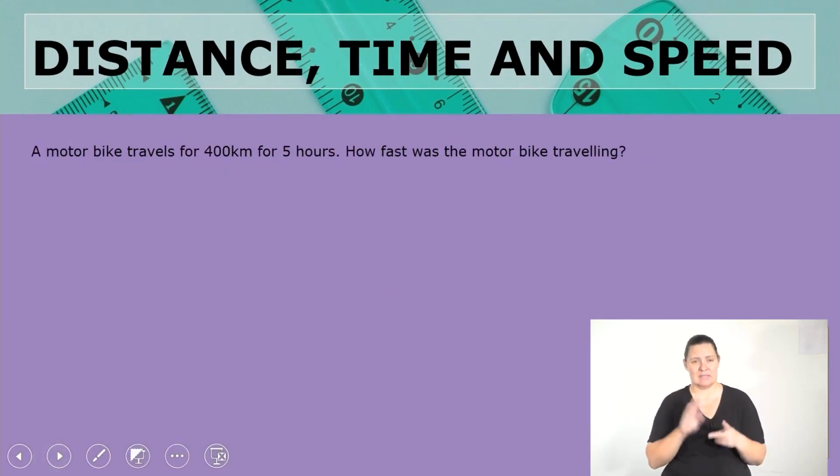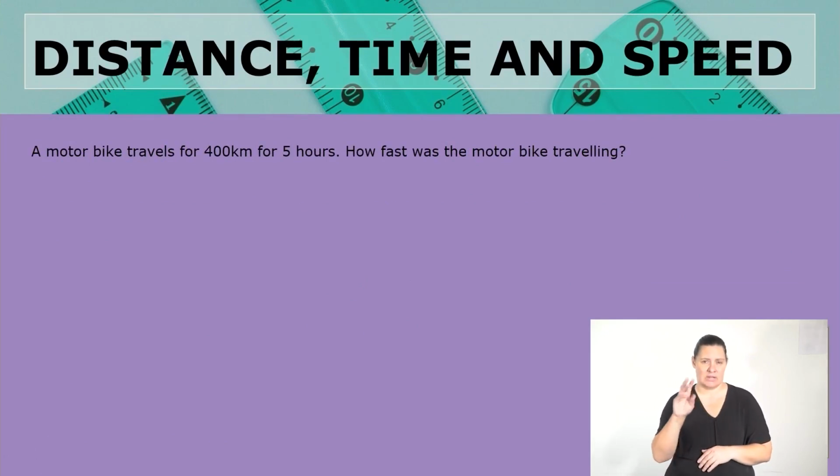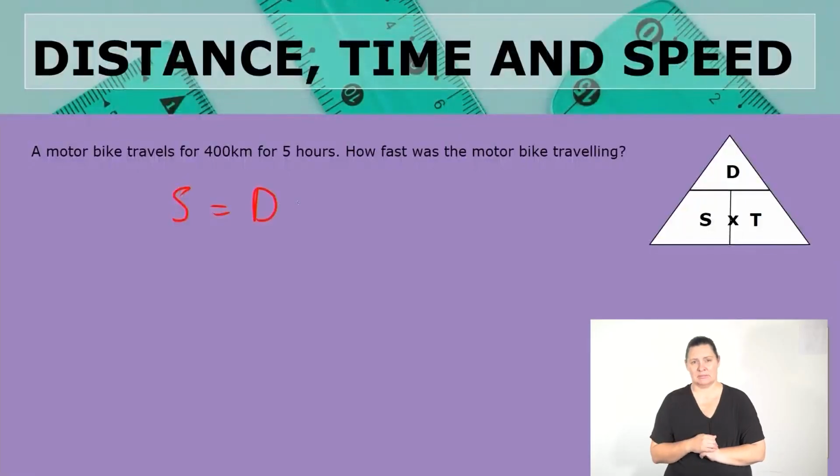Let's look at a second example. But now we have done something to the distance. A motorbike travels for 400 kilometers for 5 hours. How fast was the motorbike traveling? We are still looking at speed. So, do you remember that formula? Distance divided by time. What has changed compared to the previous example?